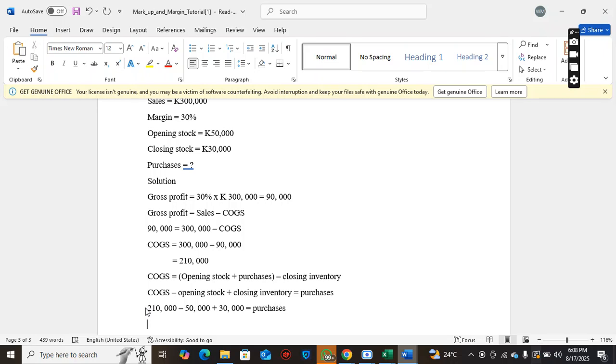What value do we get? Purchases equals 190,000.